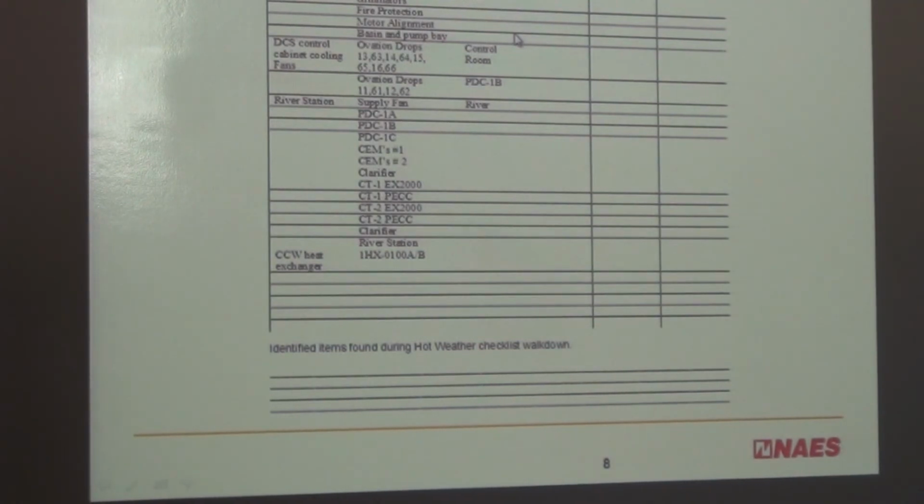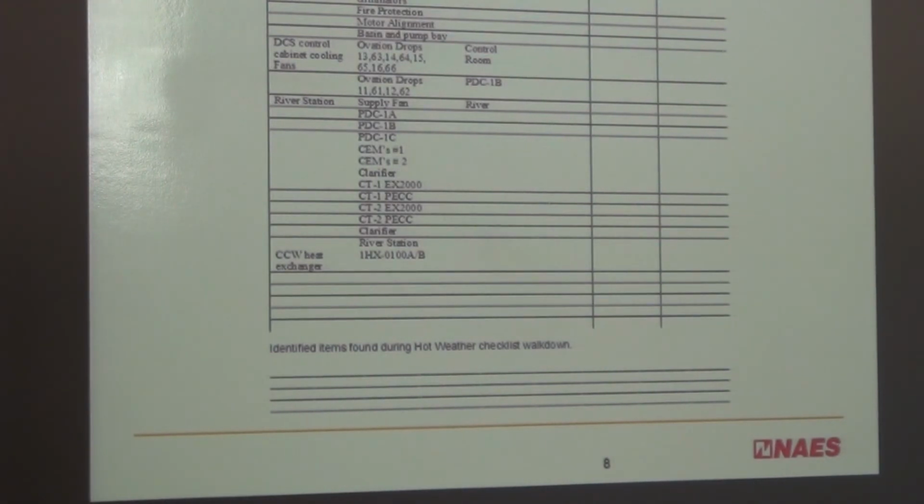So once ERCOT issues the advisory, we complete this check sheet. Basically, it is checking the DCS control cabinets, cooling fans, the Ovation drops, and all the air conditioners, whether it be on the PDCs, SIMS units, out to the clarifier, of course the EX2000 buildings, and all the PECs and the switchyards.